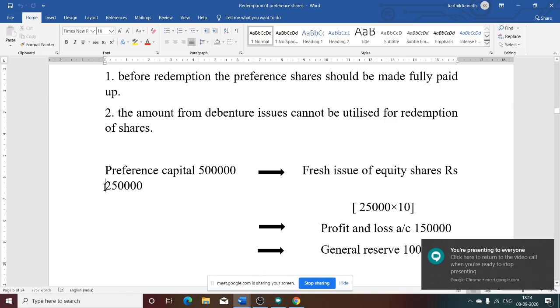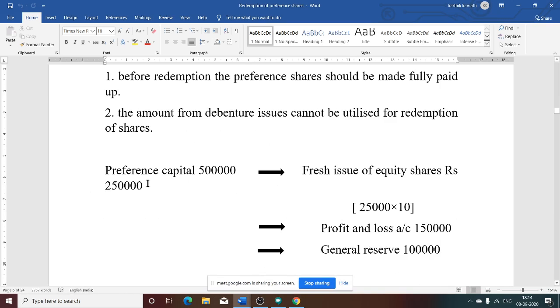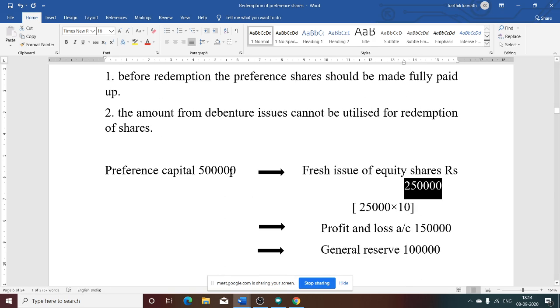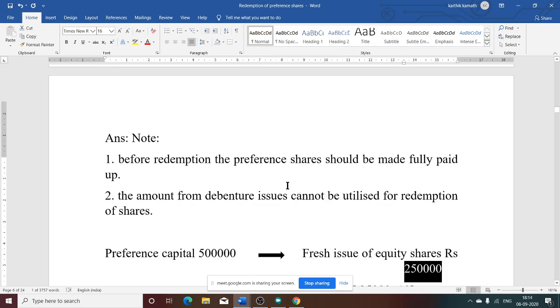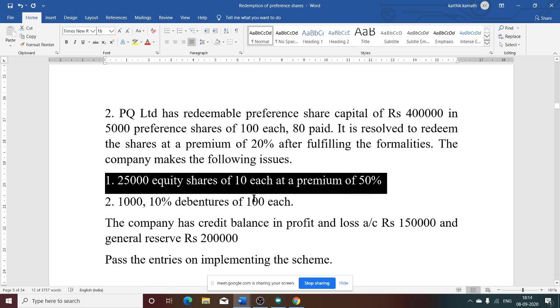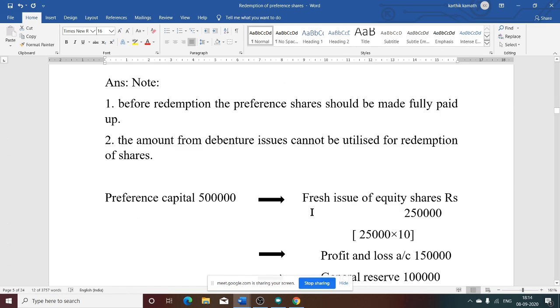Of this, 2,50,000 is from the fresh issue. How will the company pay this 5 lakh to the preference shareholders? First from the fresh issue. What is the fresh issue information given? See this: 25,000 equity shares of 10 each. 25,000 into 10 is 2,50,000.